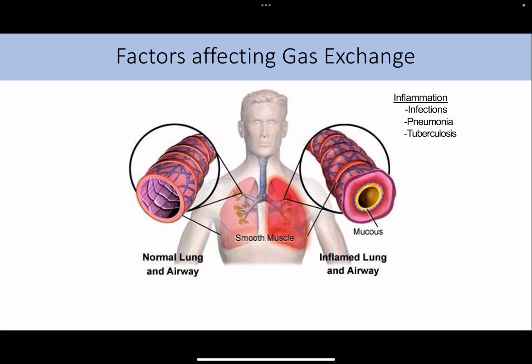Another way to achieve membrane thickness that's going to affect gas exchange is through infections. So here is a normal lung airway, and then here's an inflamed airway with mucus, and you would have mucus at the alveolar sac as well, causing the respiratory membrane to be thicker. And now that oxygen and CO2 have to not only travel through the wall, but travel through the mucus as well. So this can happen with infections. It can happen with pneumonia, as we talked about. It can happen with tuberculosis, also with asthma too.